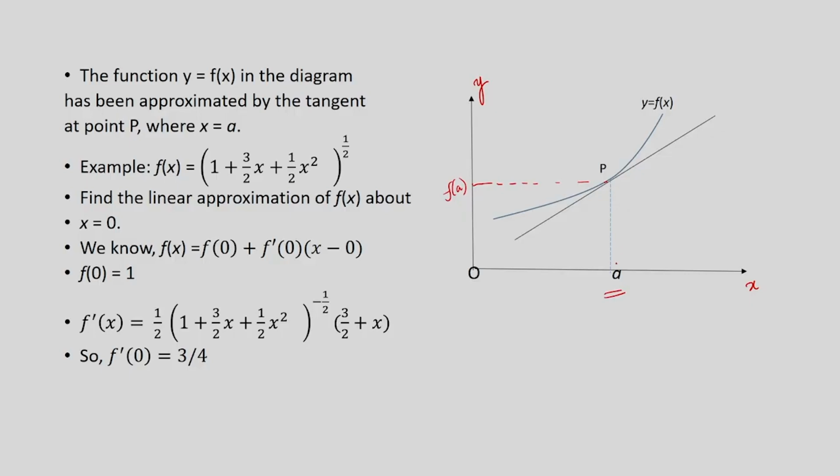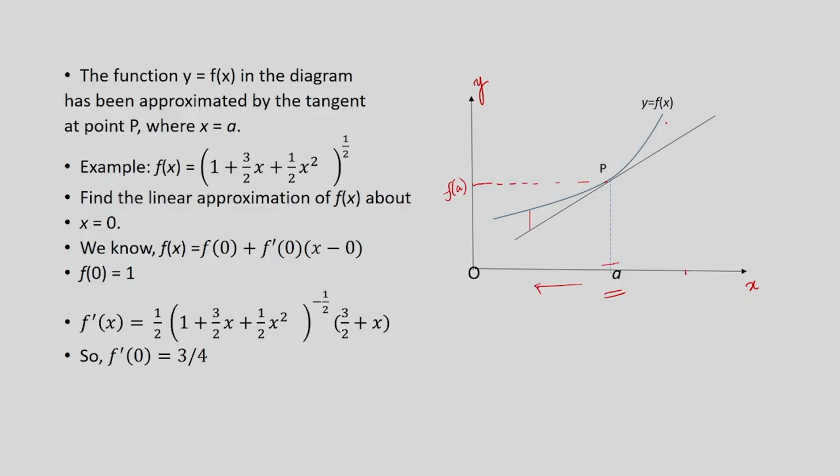Now, notice, if you are in the neighborhood of this point x equal to a, then the change in the value of the function is roughly equal to the change in the value of the line representing the tangent around the point a. But if you take a point very far away from this point a, then this gap is rising.